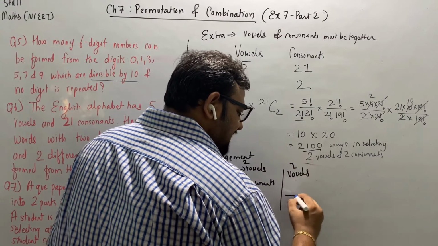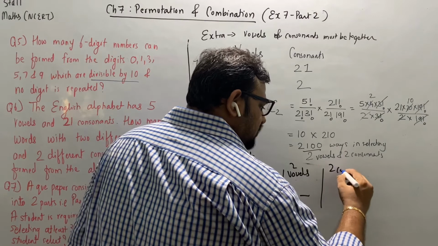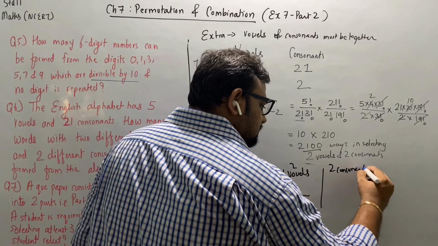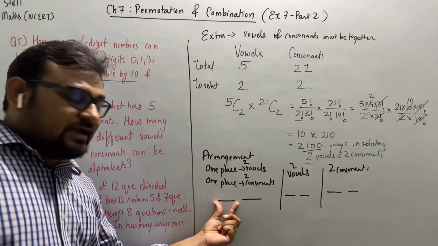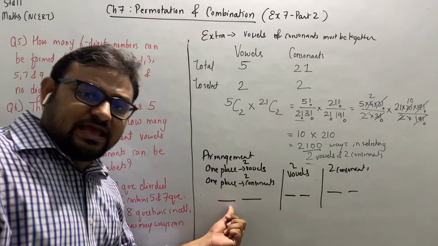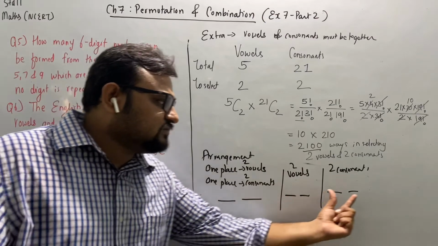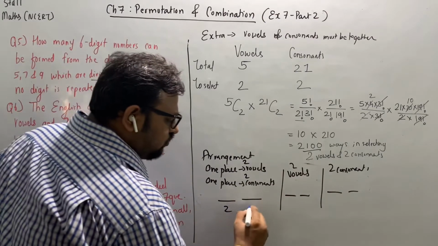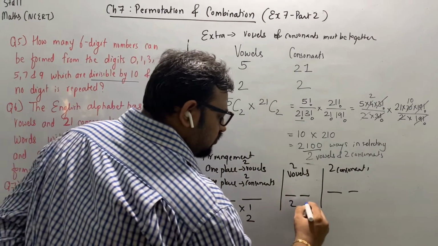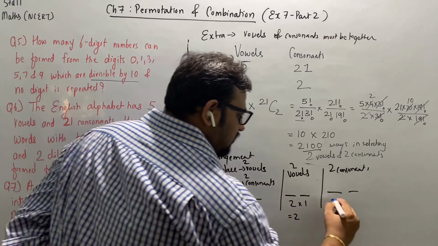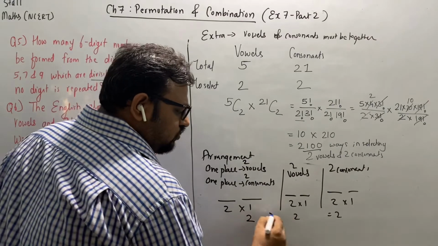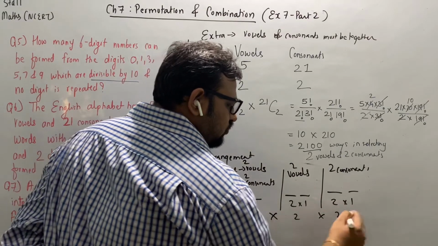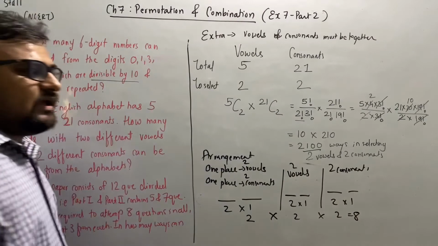Two vowels will arrange and two consonants. Means see, if here there are two vowels A and E, they can be arranged like A E and E A. So such type of arrangement for vowels and for consonants. So here 2 1, 2 1, 2 1. So it will be 2 into 2 into 2, which is equal to 8.